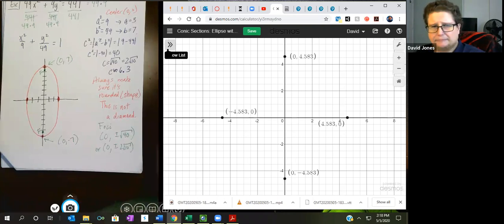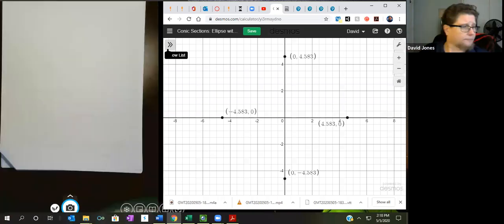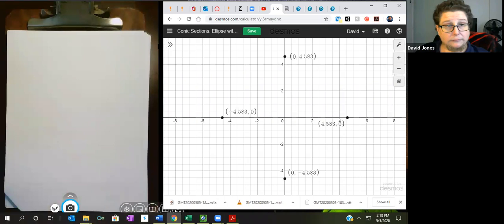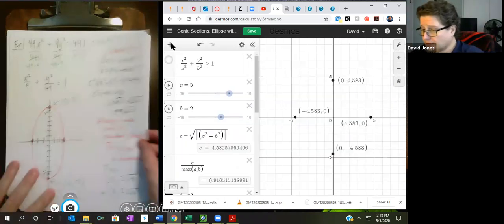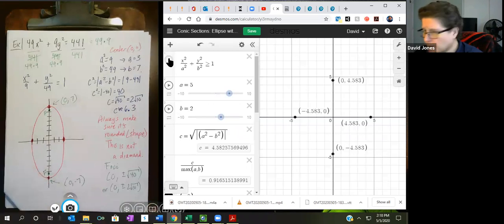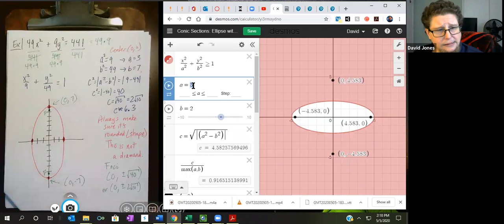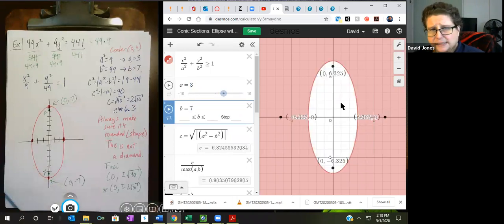All right, the show must go on. Let's do some more. Oh, wait. We got Desmos. Let's explore it. So we've got A equals 3, B equals 7. And we said the foci were at about 6.3.